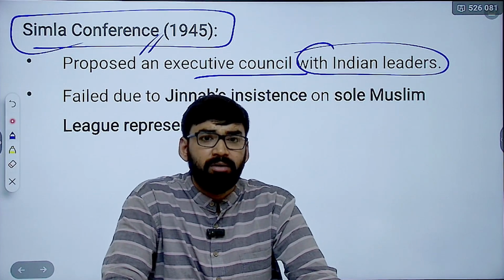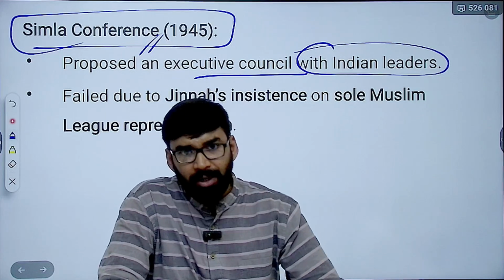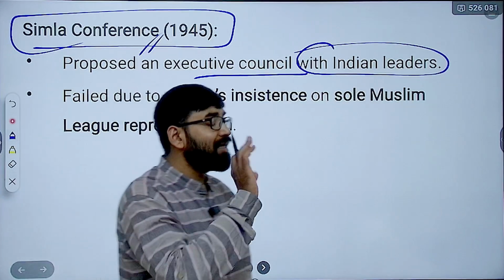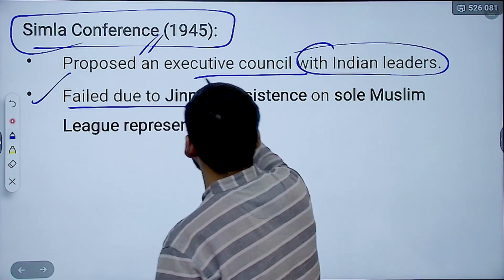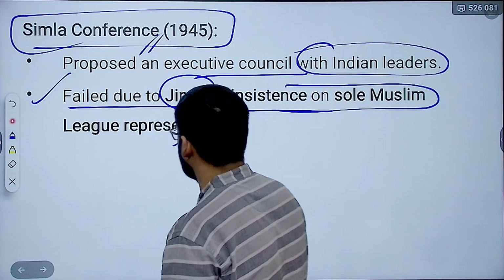Now, why did it take place? Shimla Conference is one of the important events in post-war development because it proposed an executive council with Indian leaders. Then this conference failed due to Jinnah's insistence on sole Muslim League representation.